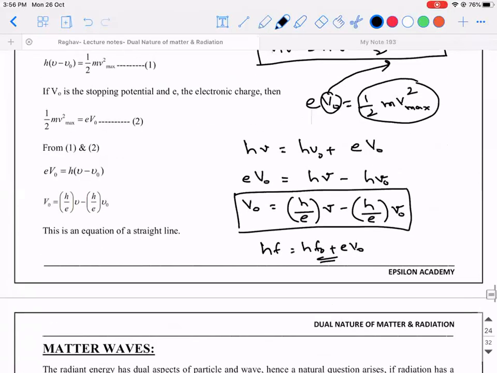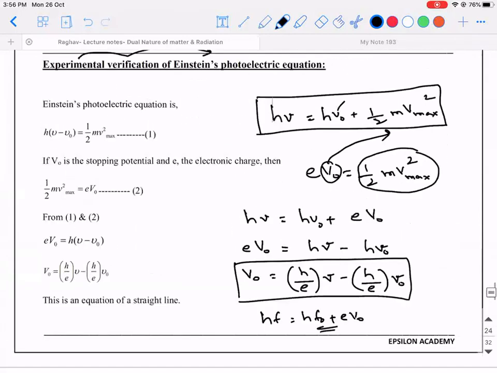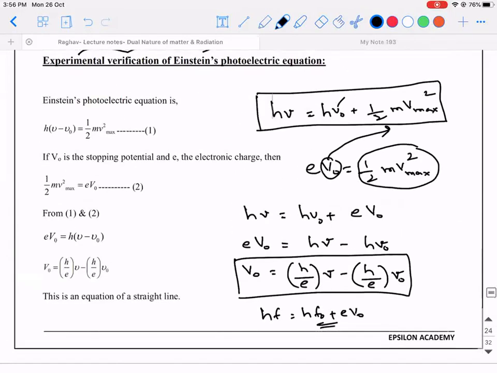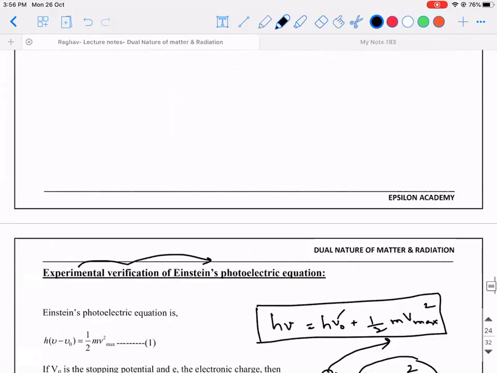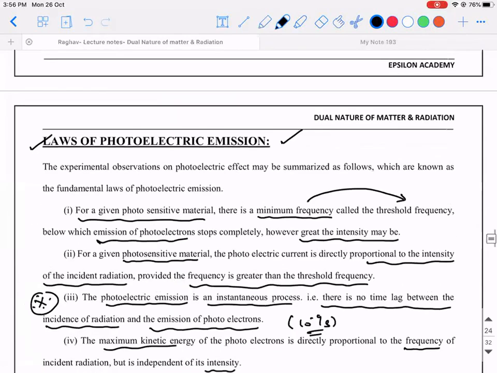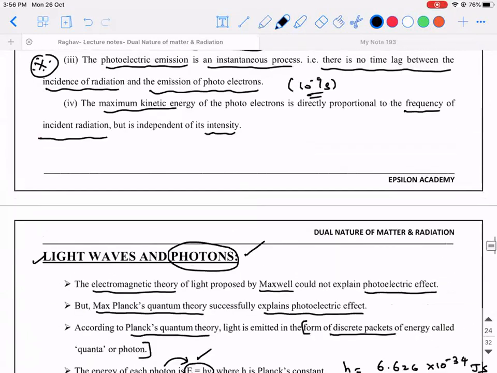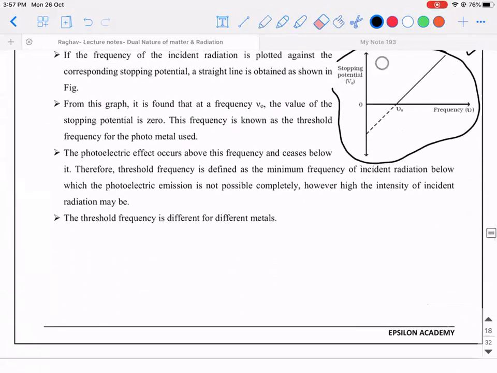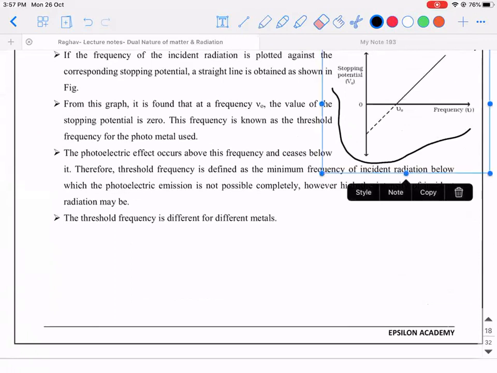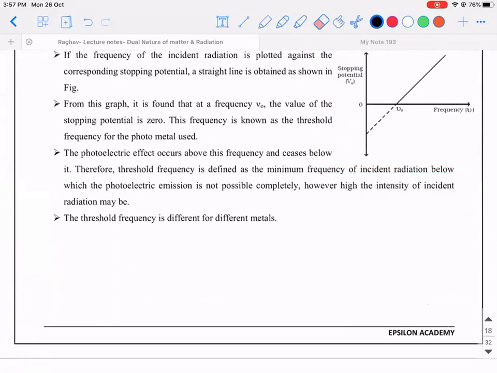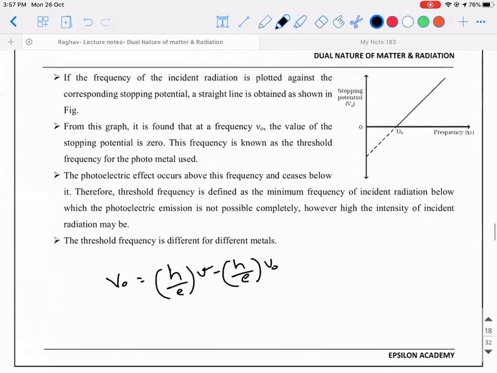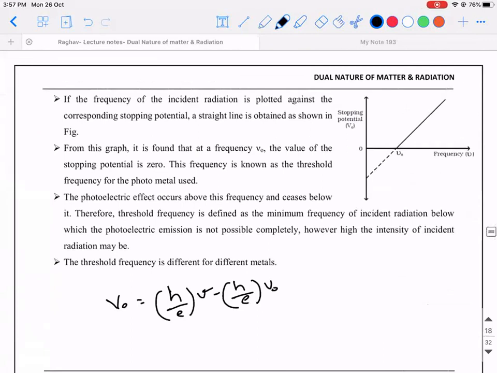Okay. Now listen. So V naught is equal to h by e into nu minus h by e into nu naught. So we observe the graph between the stopping potential and the frequency.